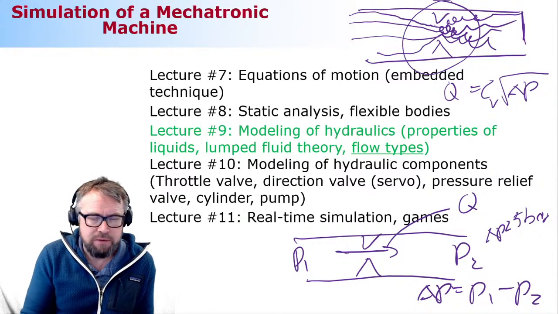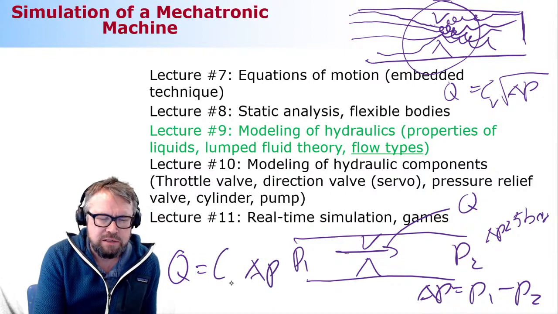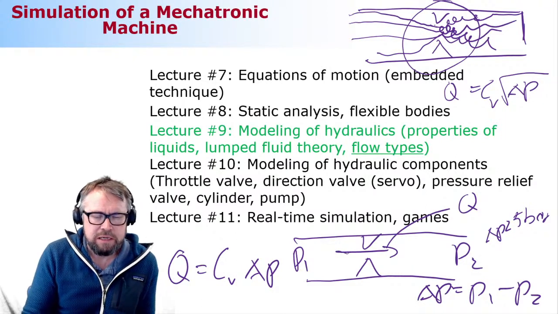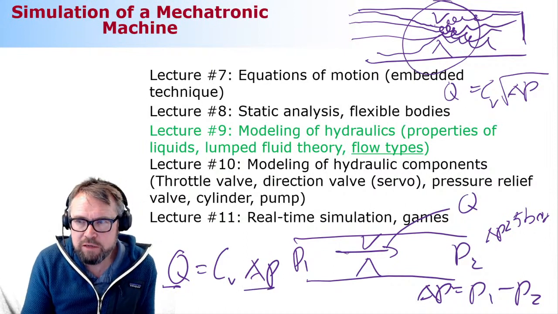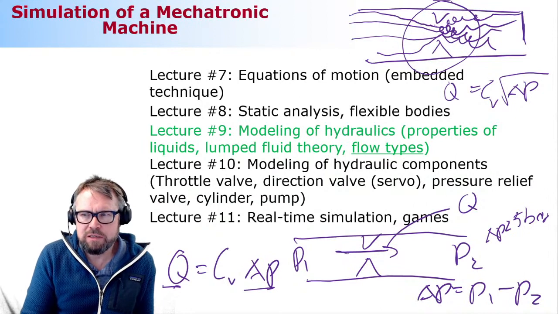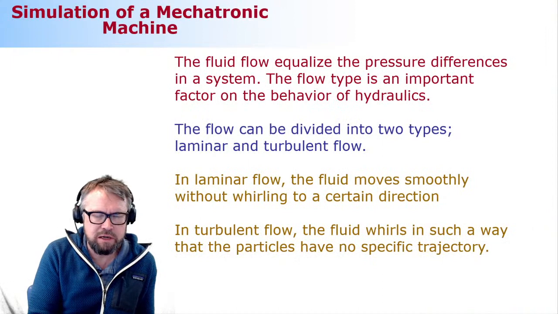Whereas in a laminar flow, you still have the flow rate and the pressure difference related, but this time, with the parameter again depending on the physical dimensions and such, the relation is linear. And you can see that clearly when you look at measurements made of hydraulics.